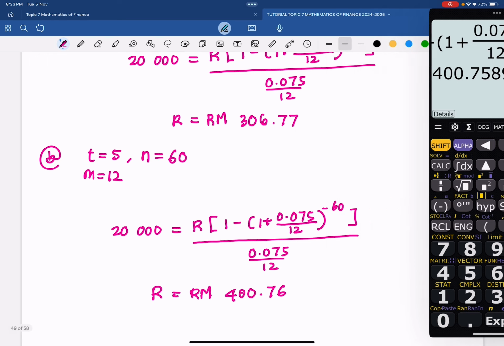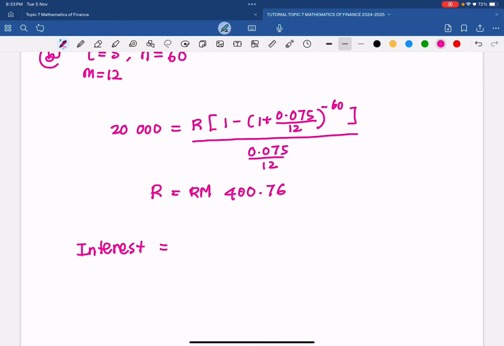So kita akan tengok dari segi interest. Okey. Sebab beza interest lah kita nak tengok berapa banyak kita boleh jimat. Okey. So 400.76 ni akan darab dengan yang mana 7 tahun tadi? 306.77 darab dengan 84 akan tolak dengan 400.76 darab dengan 60.